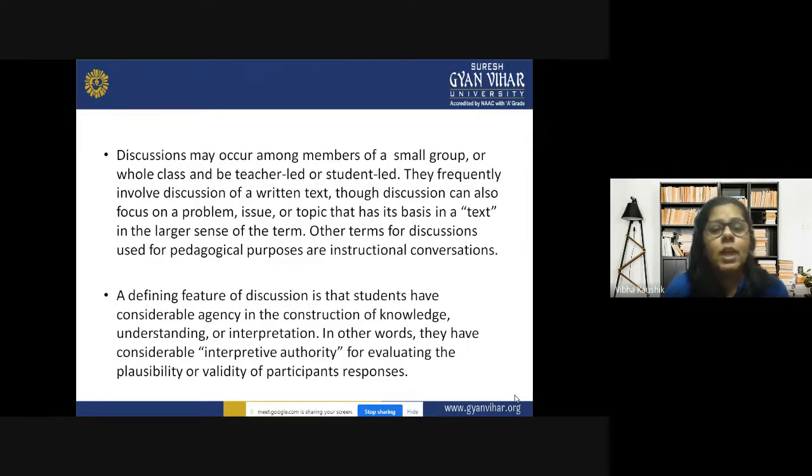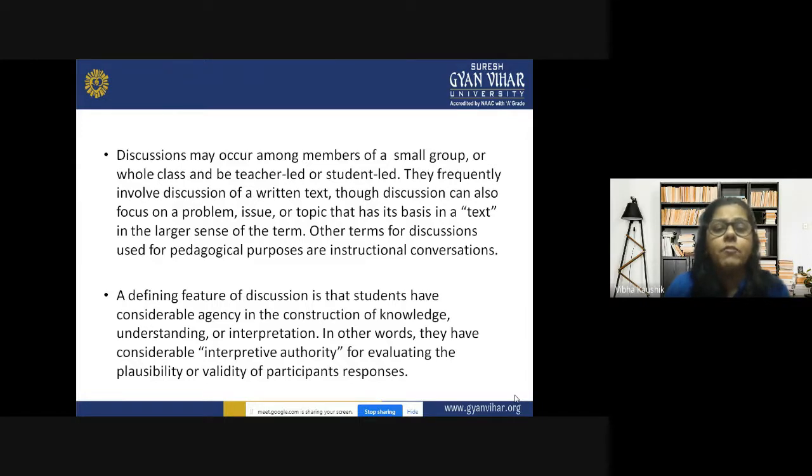Though discussion can also focus on a problem, issue, or topic that has its basis in a text, in the largest sense of the term. Other terms for discussion used for pedagogical purposes are instructional conversations.